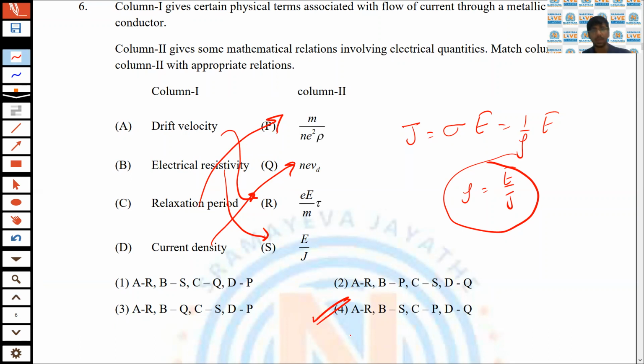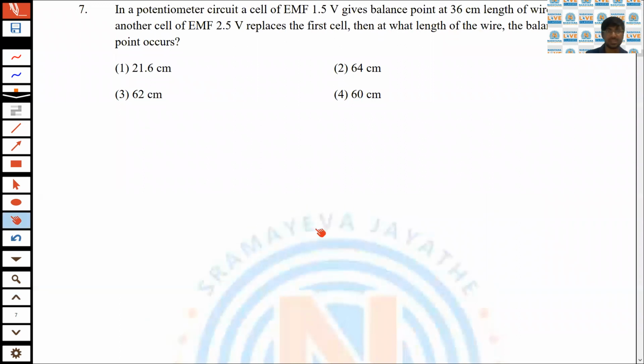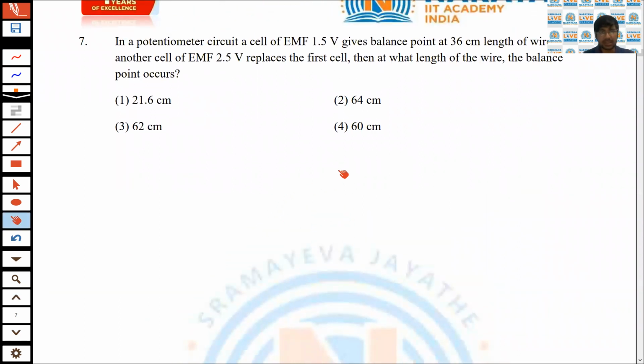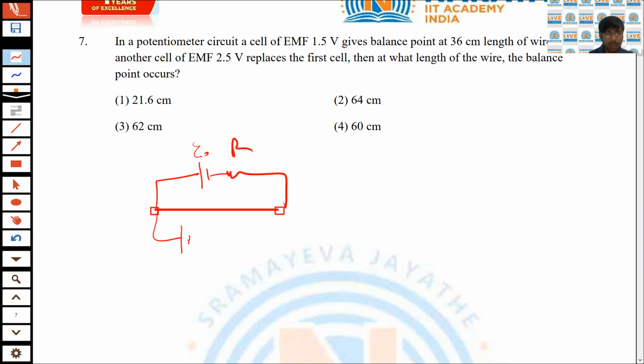All right. Let's come to the seventh question. In a potentiometer circuit, a cell of EMF 1.5 volt gives balance point at 36 centimeter length of wire. If another cell of EMF 2.5 volt replaces the first cell, then at what length of the wire does the balance point occur? So we know about the potentiometer circuit. In a potentiometer circuit, the balance point is obtained according to the length of the potentiometer wire.